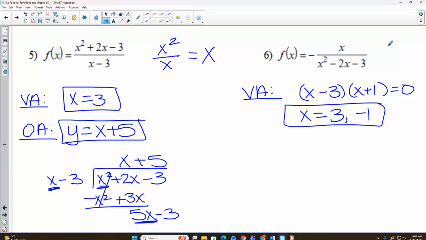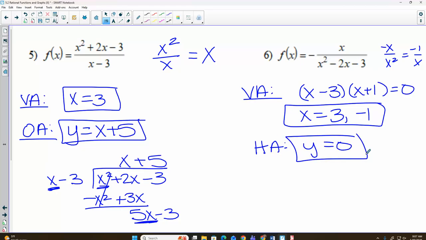For horizontal, we have a negative x over x squared, which reduces to negative 1 over x. So what's that mean? Y equals 0. Good. Anytime x is still on the bottom, it's an automatic y equals 0. And it doesn't matter if it's x the first, x the second, whatever. If there's x's on the bottom, it's 0. All right, are those okay?